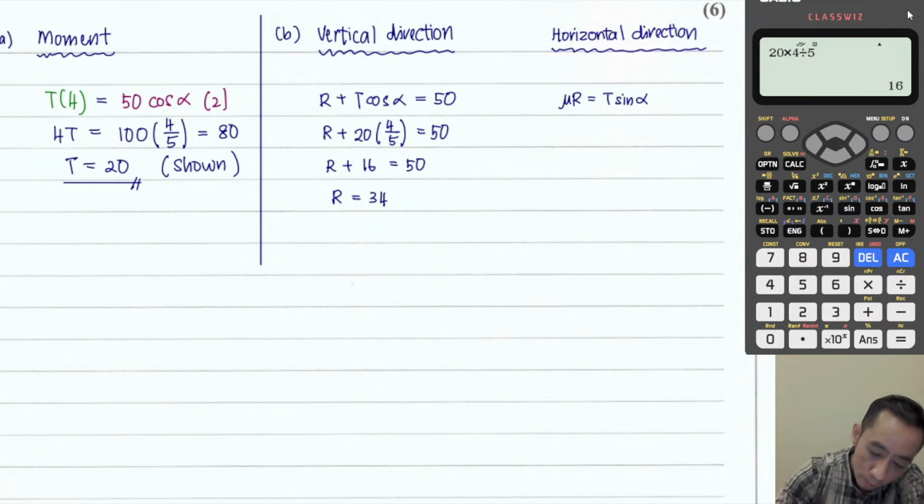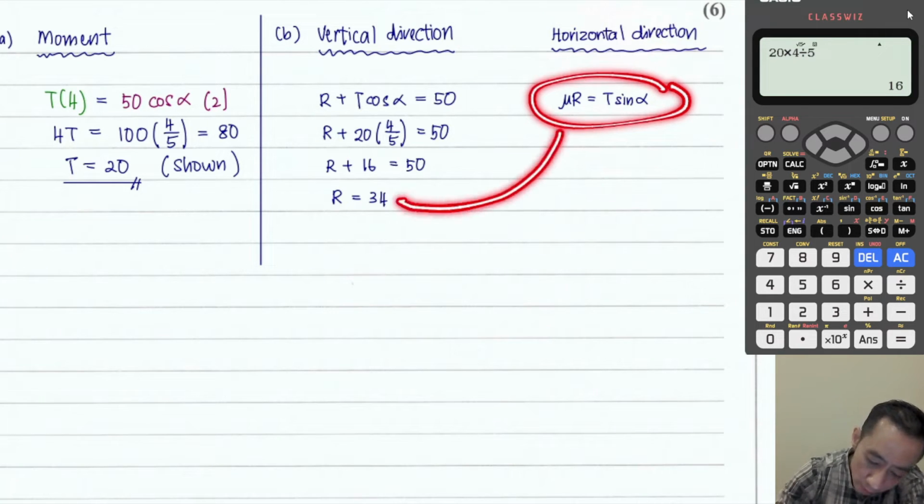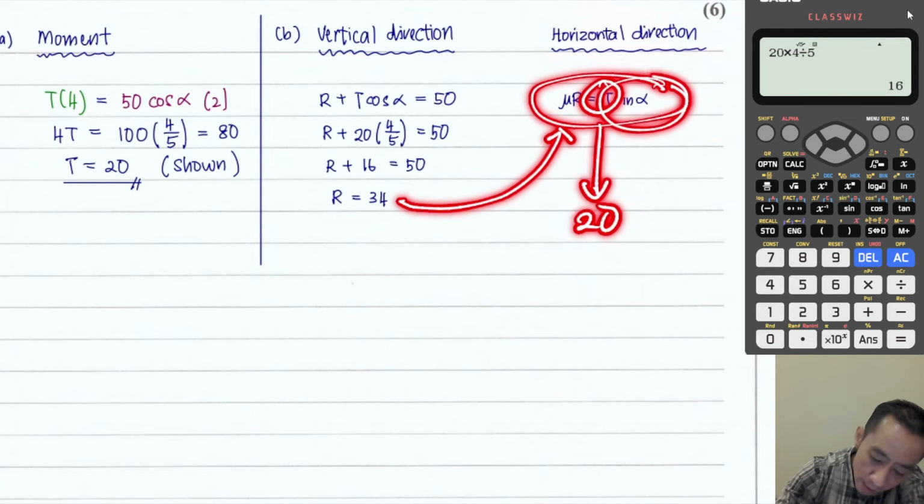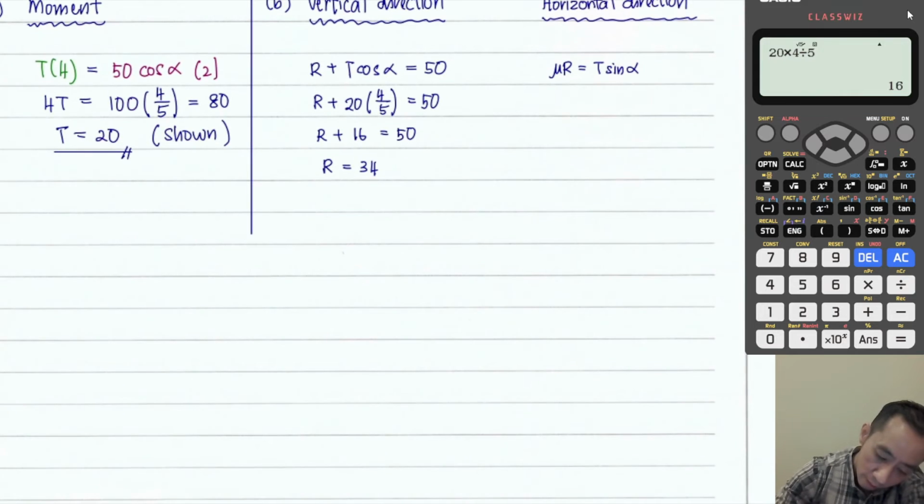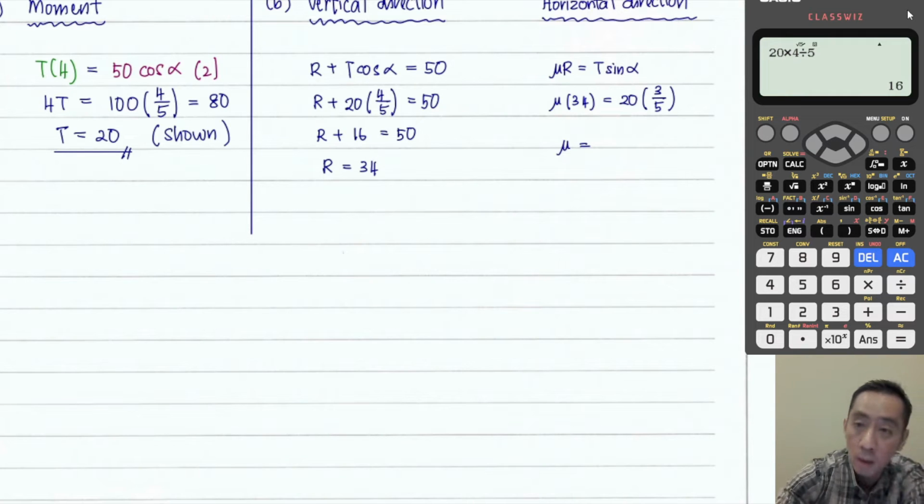Now come to this equation here. We have found that R is 34 and T is 20, sine alpha is 3/5. So mu times 34 equals 20 times 3/5, which is 12. So mu is 12 over 34.